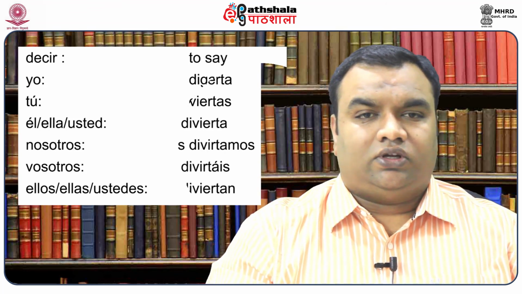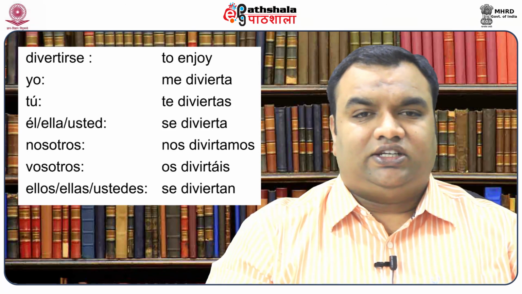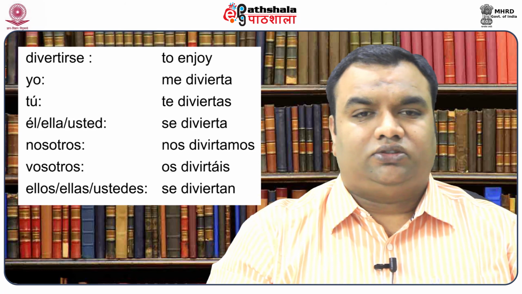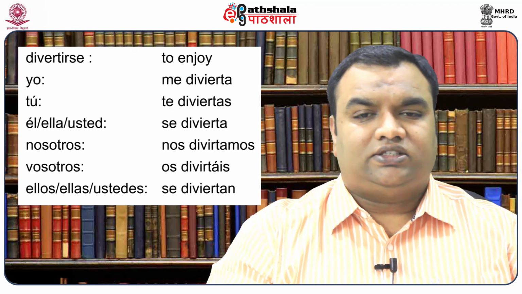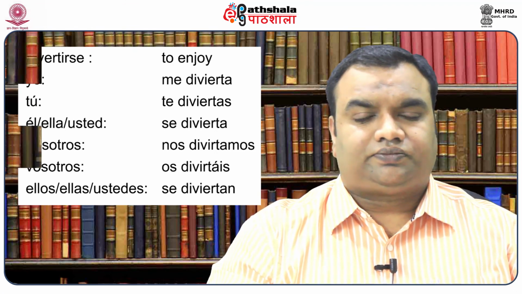digan. The reflexive verb divertirse, which means to enjoy, is conjugated in the following manner: yo me divierta, tú te diviertas, él, ella, usted se divierta, nosotros nos divirtamos, vosotros os divirtáis, ellos, ellas, ustedes se diviertan.